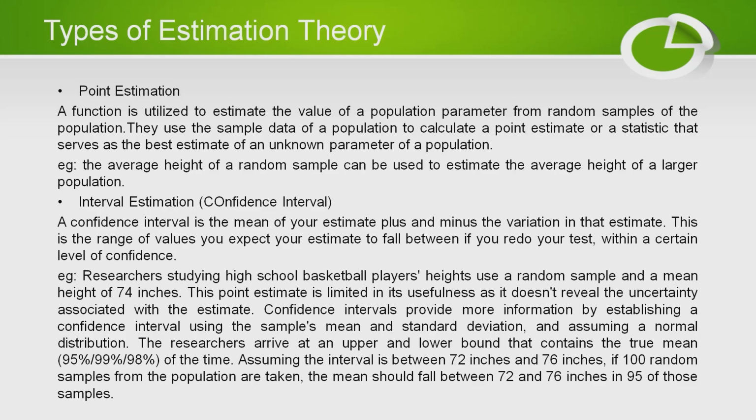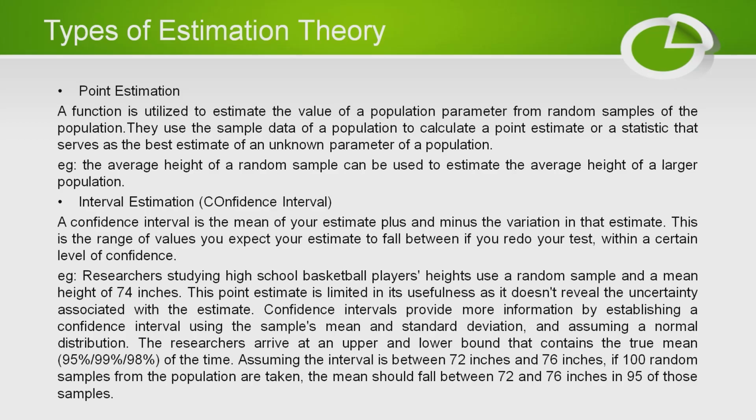A confidence interval is the mean of your estimate plus and minus the variation in that estimate. This is the range of values you expect your estimate to fall between if you redo your test with a certain level of confidence. For example, researchers studying high school basketball players' heights use a random sample and the mean height is 74 inches. This point estimate is limited in its usefulness as it does not reveal the uncertainty associated with the estimate.